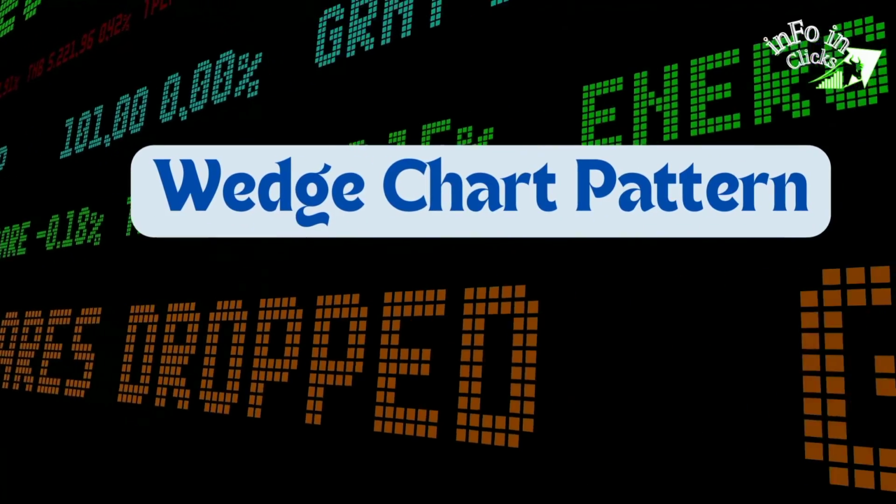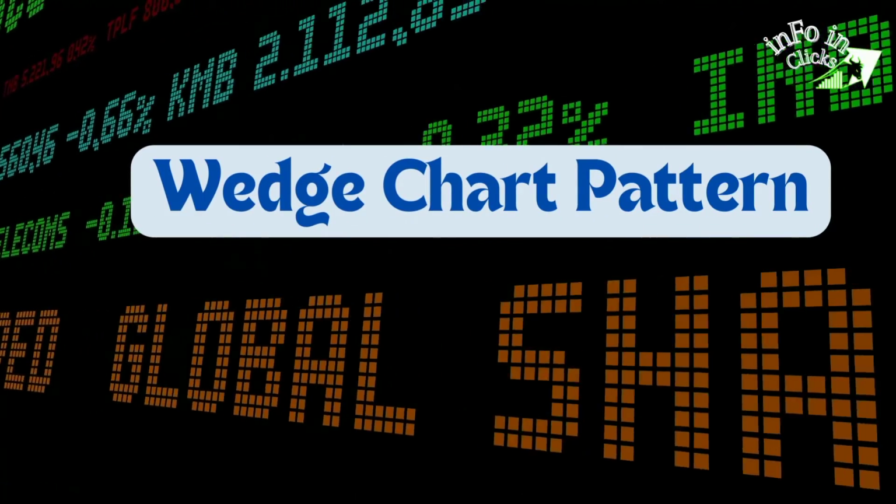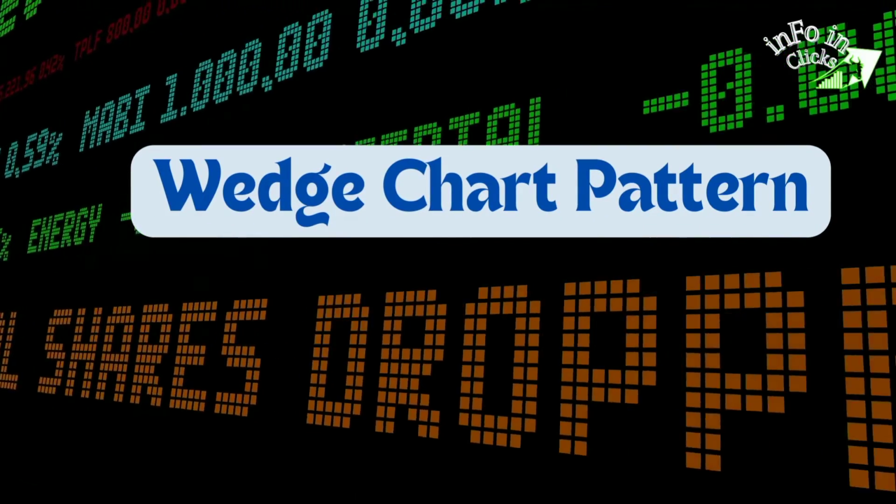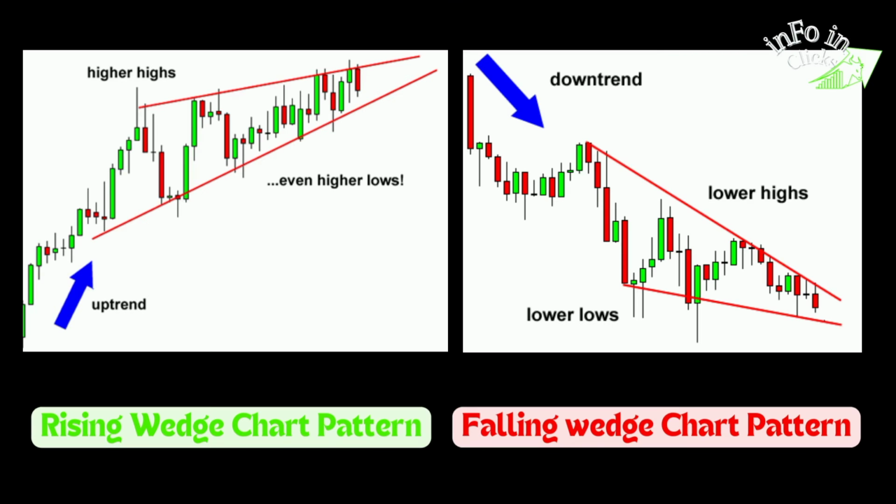The last chart pattern we are looking at in this second part of technical analysis is the wedge chart patterns. Wedge patterns have rising wedge and falling wedge chart patterns. Here you need to understand that a rising wedge is a signal for a bearish reversal and a falling wedge is a signal for a bullish reversal trend.